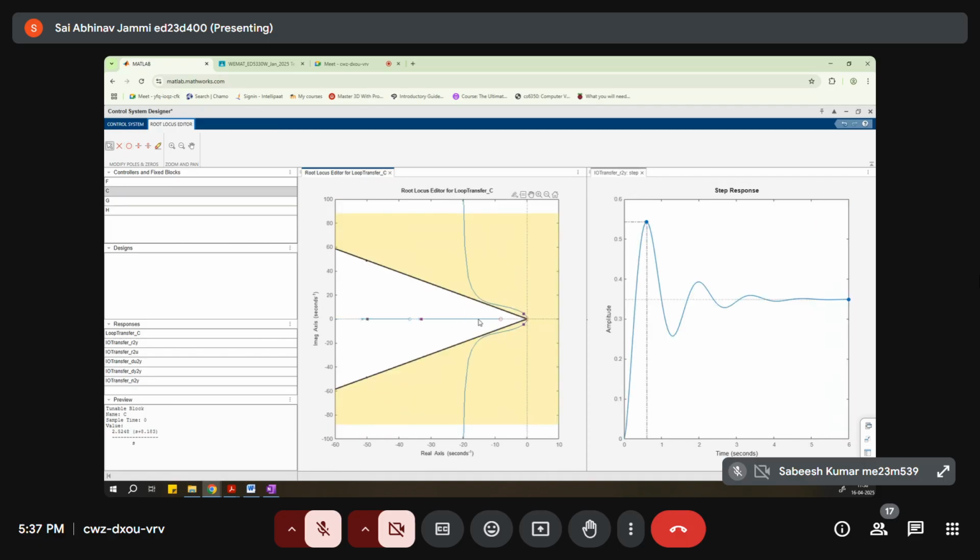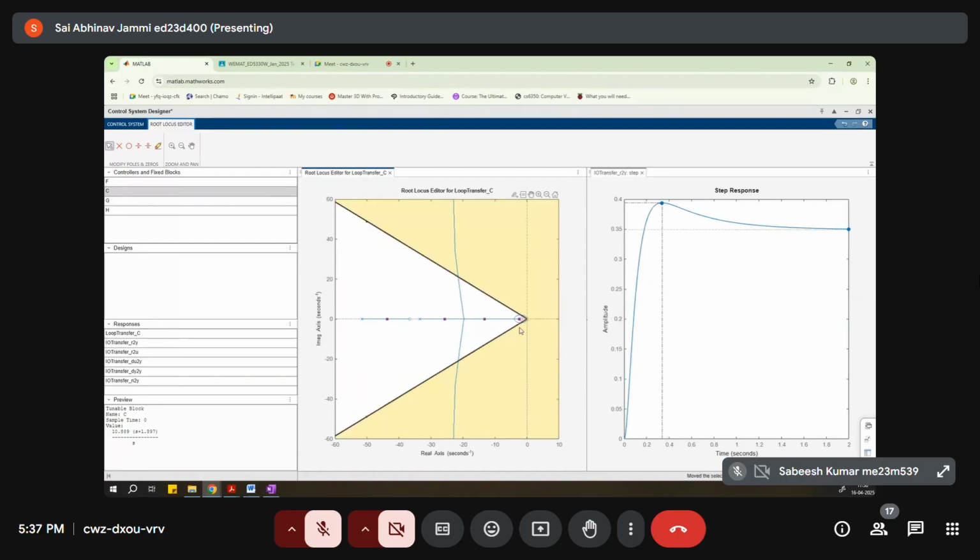So I'll put it around like this. Now if you see, the plot is settling after a very long time, so I'll want to make it more optimal. I'll take my real 0 much closer to the origin, and you see my poles are in that shaded region, not in the white region. So now, okay, this seems a little bit okay, but still.